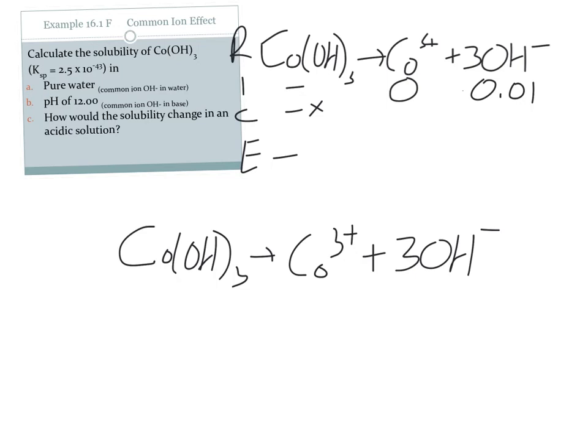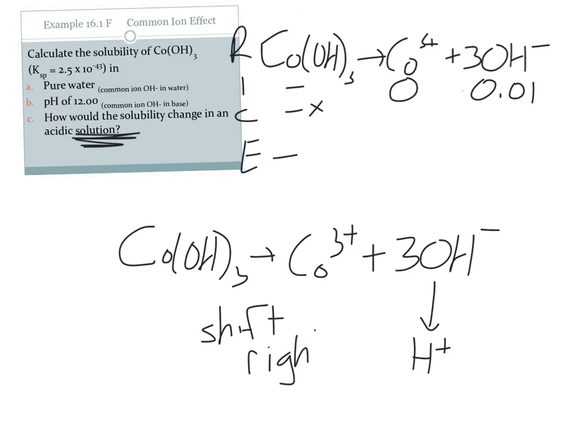We know in an acidic solution we have hydrogens, and a hydrogen ion will react with a hydroxide ion. So saying that we have an acidic solution for a hydroxide is a way to say we are removing hydroxide product. This will make it more soluble. We will shift right, because we're reacting with the product.